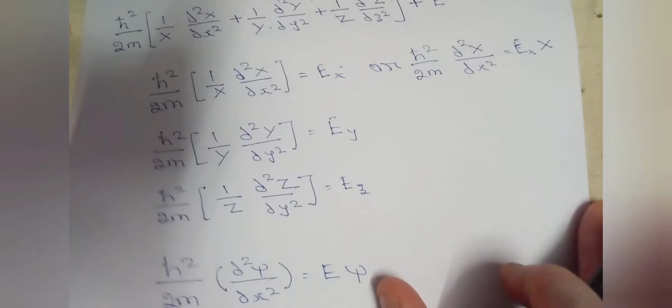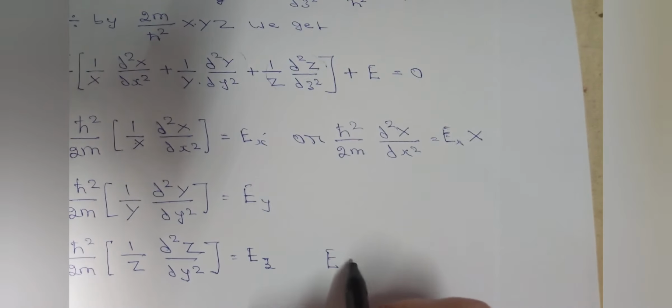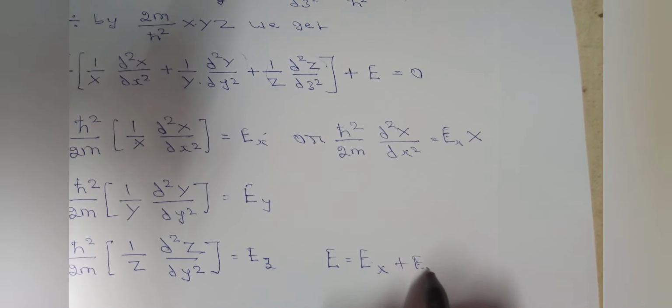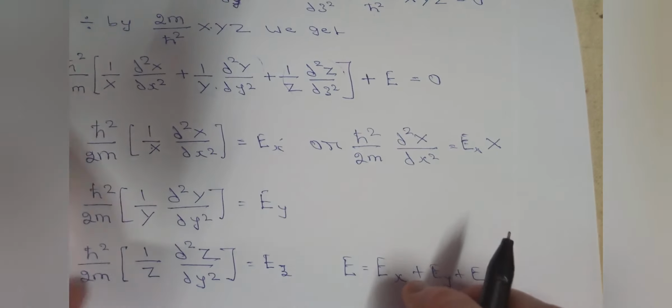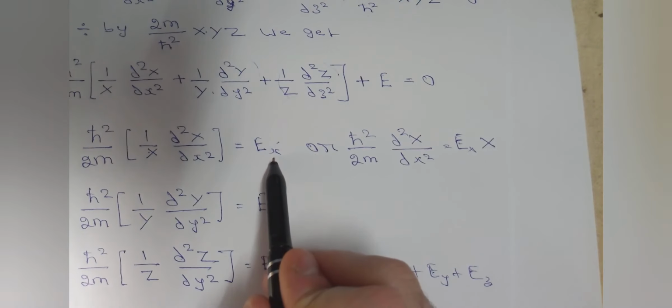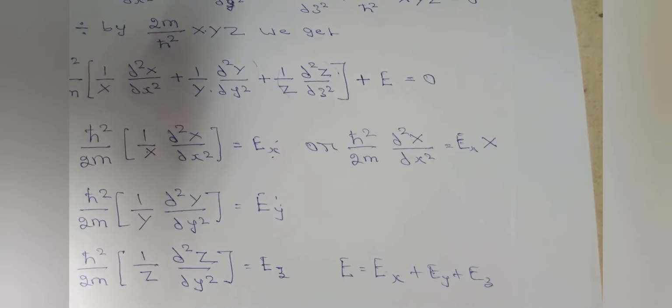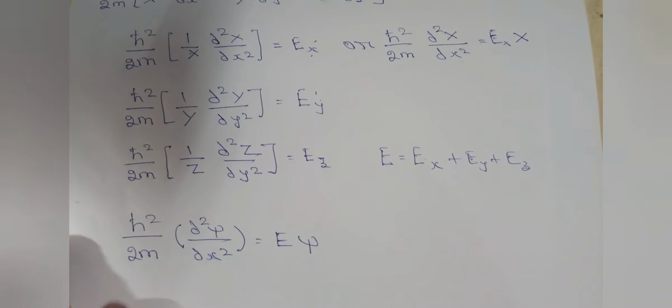Therefore, the total energy E is a sum of Ex plus Ey plus Ez. Since these equations are similar to the particle in one dimensional box, we can write the wave function, which we already know.